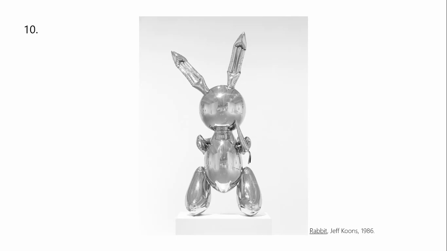But it is not a blow-up balloon. It is a solid metal sculpture. So it's an example of cast sculpture. It is in the round, although I wouldn't necessarily call it fully in the round, because I think some views are more important than others, but it is freestanding and in the round, and it is an example of cast or indirect sculpture.